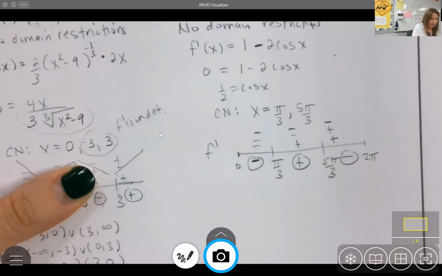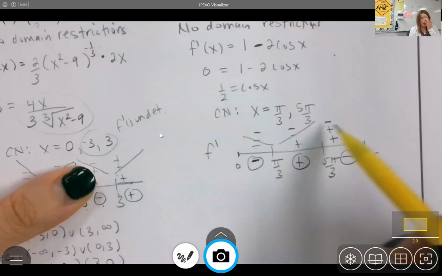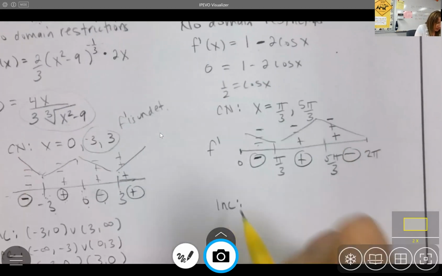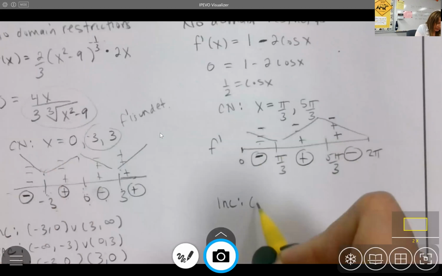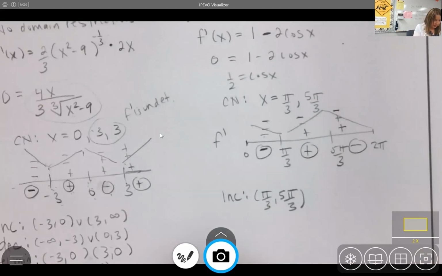Okay, so decreasing, increasing, decreasing. That shows us where our max and our mins could be, and where it's increasing. So it's increasing where this is positive, so from pi thirds to 5 pi thirds, and then it's decreasing from 0 to pi thirds.